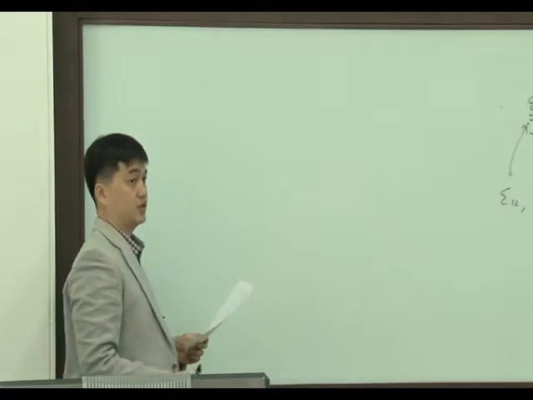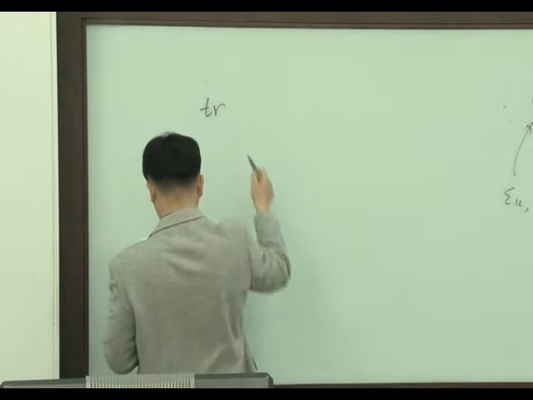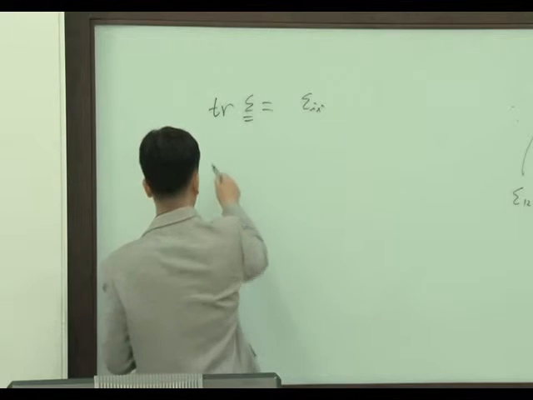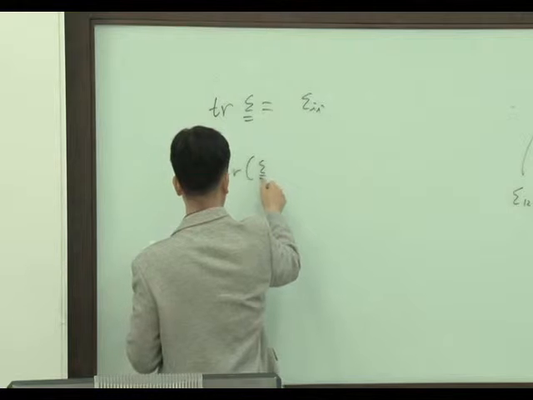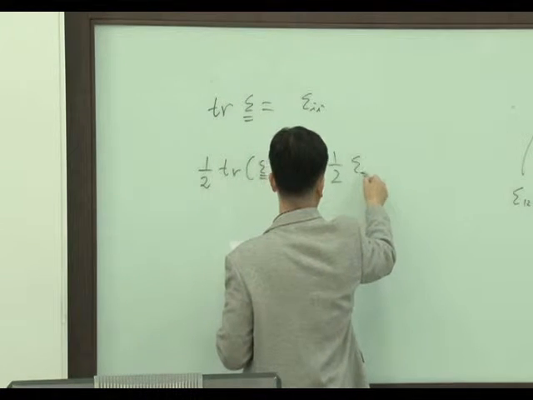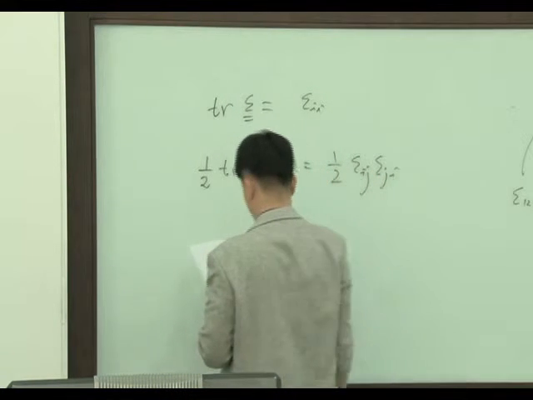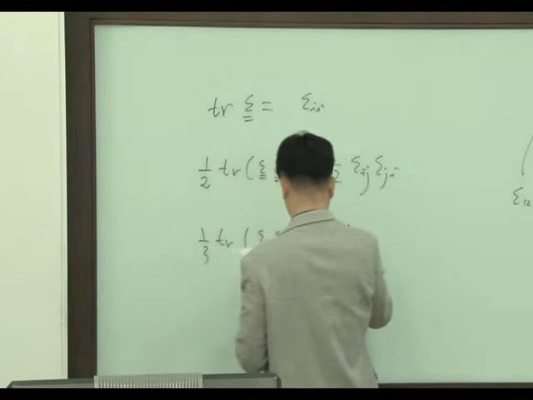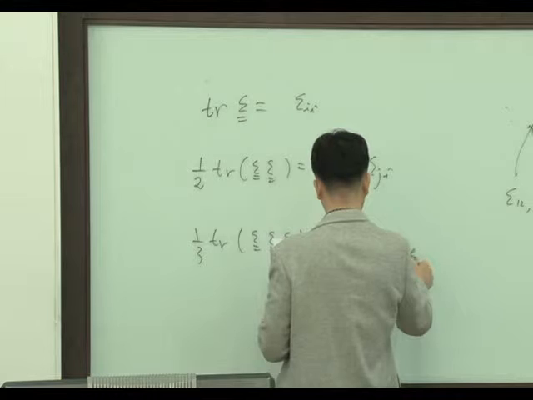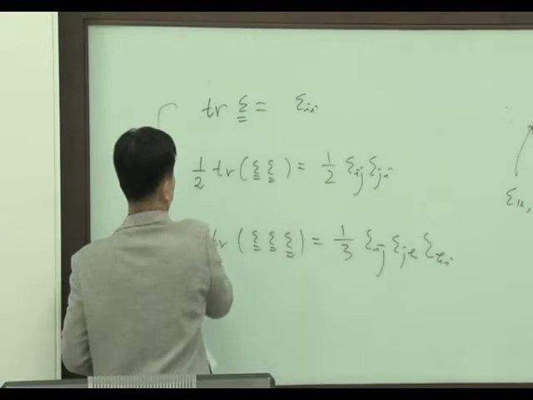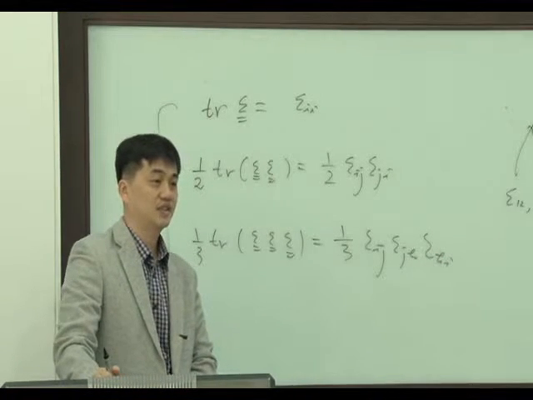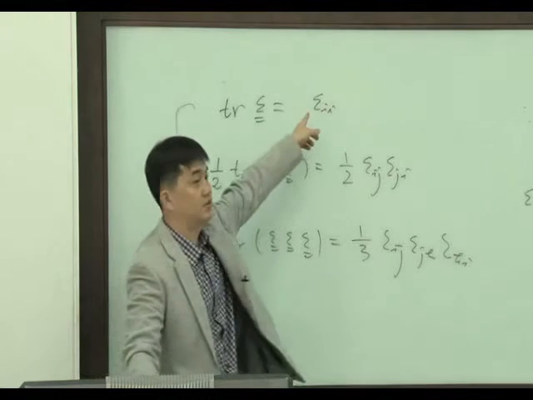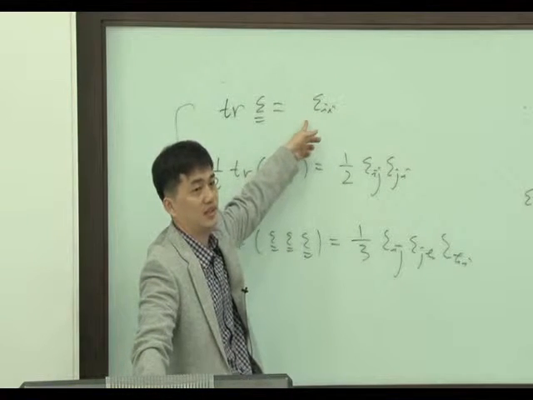So we have three strain invariants. Trace E, which is E_ii, then one half of the second one, and the third. The definition is the same as for stress, exactly the same. The first one corresponds to the hydrostatic stress, right?